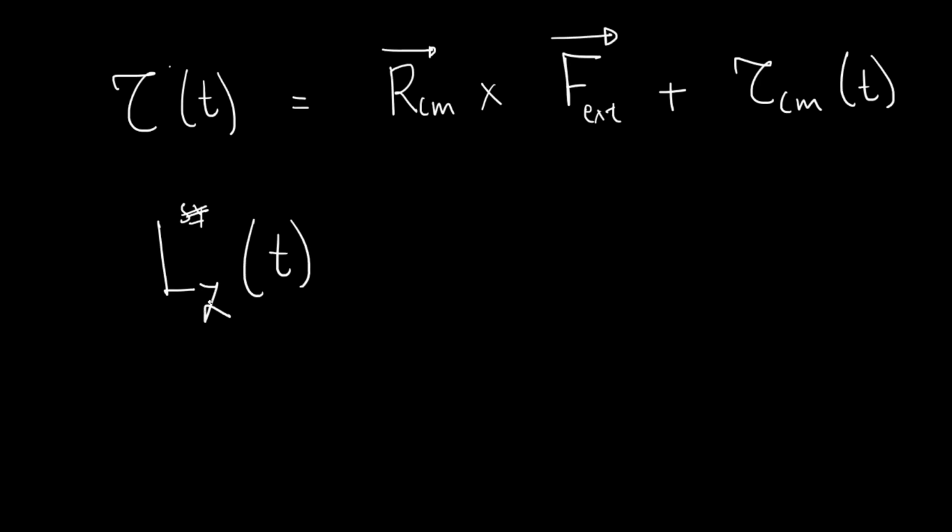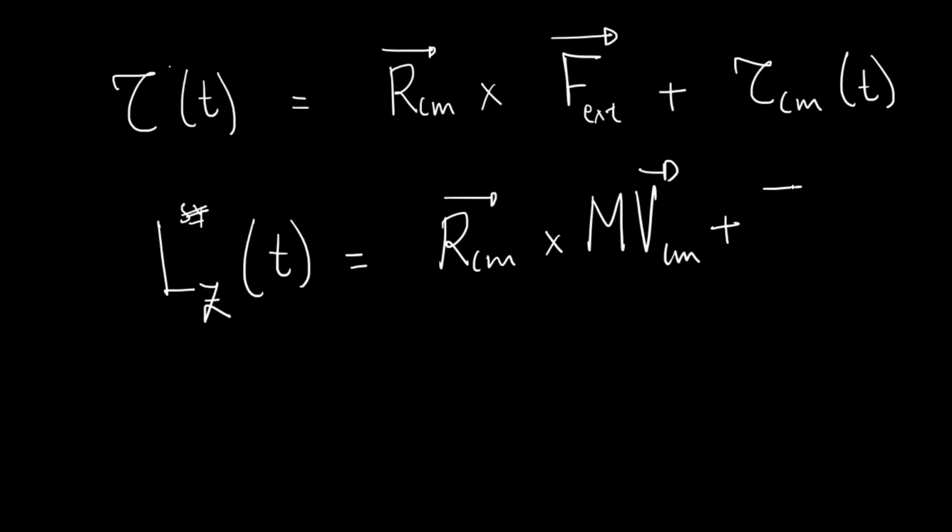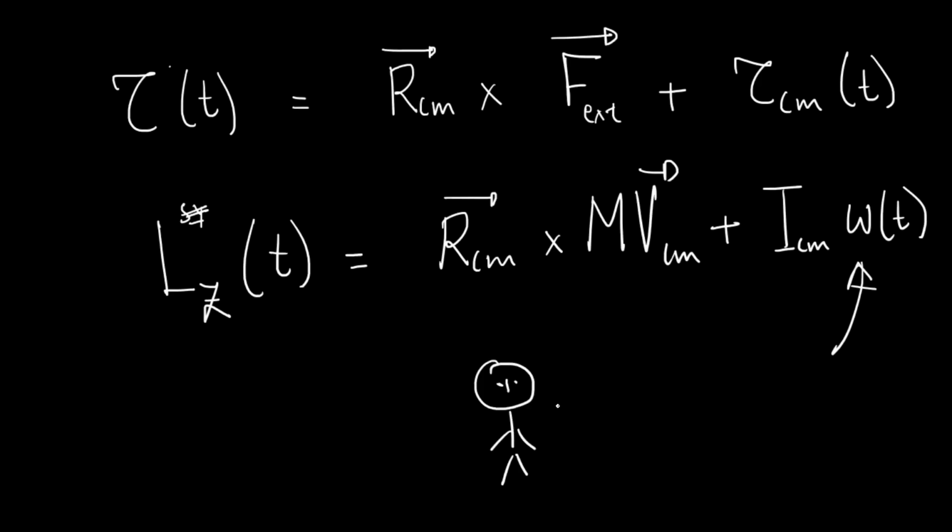Let's focus on L_z. This is equal to R_CM cross M V_CM at that instant, the velocity of the center of mass, plus I_CM into omega at that instant of time, and omega is the omega as observed from an observer who is traveling along with the center of mass.